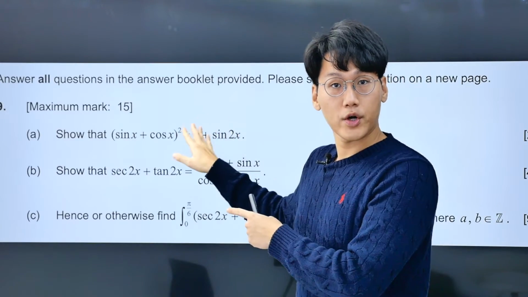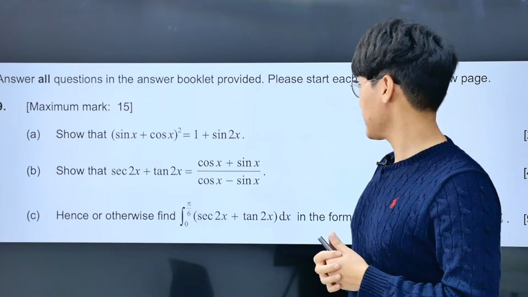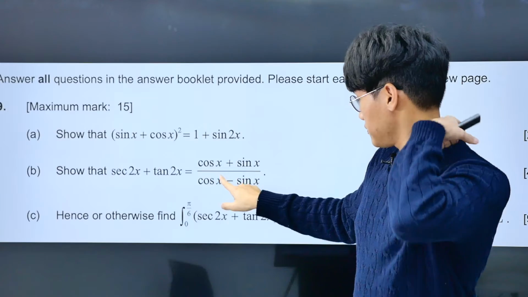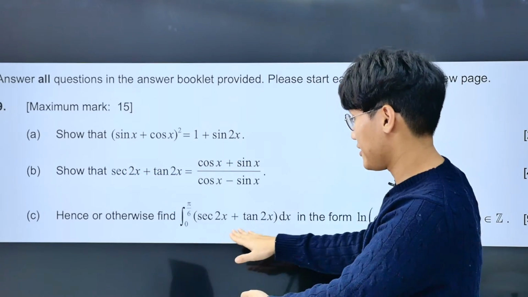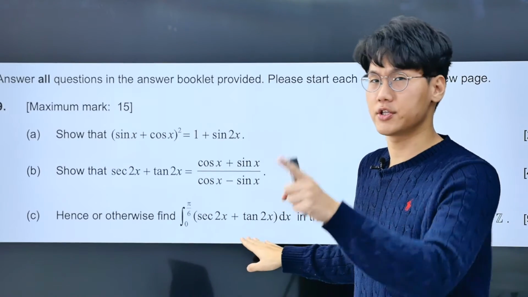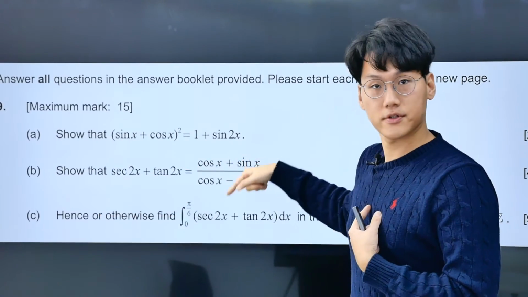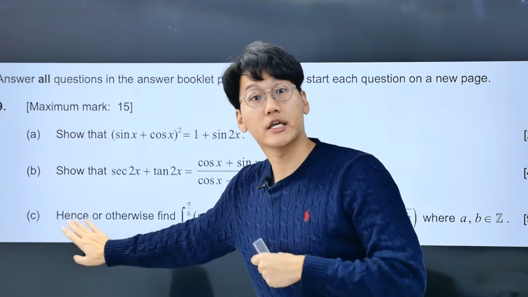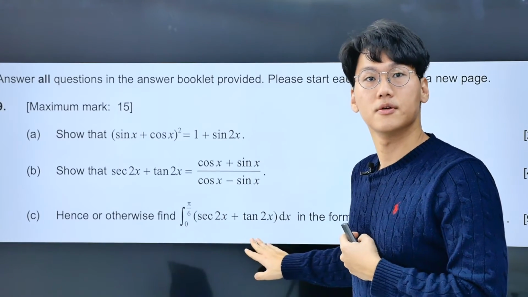And then here is a question that was mixed with trigonometry integration in May 2019. As you can see, a lot of trig identity proving. Some people didn't manage to solve this, converting from secant and tangent and the integration of secant and tangent. And here's the thing: if it's a hence, you've got to use the previous identity. But otherwise, it's okay too, if you already knew the integral of secant and tangent, right?